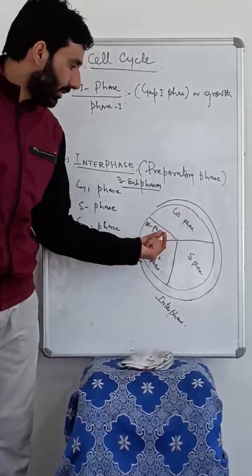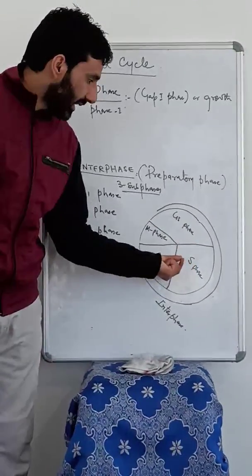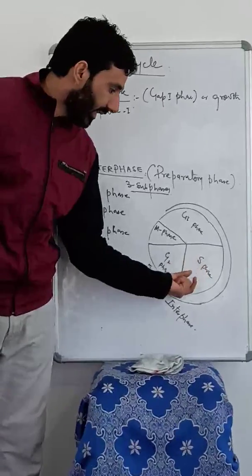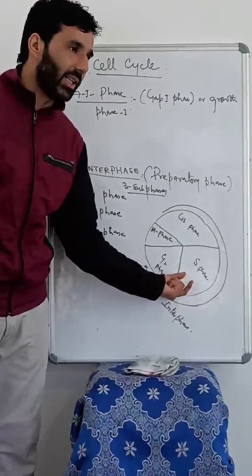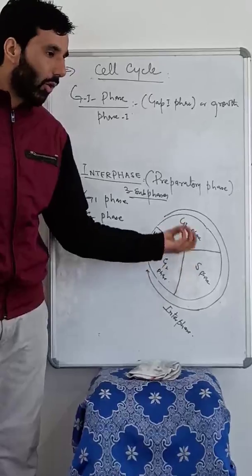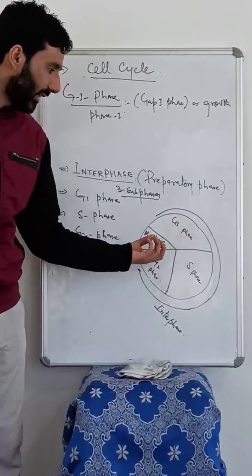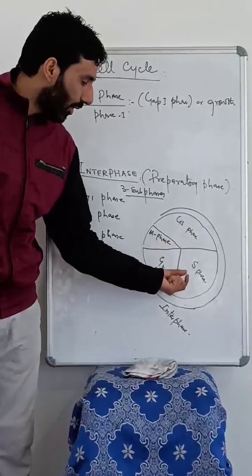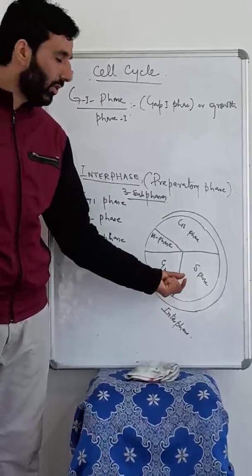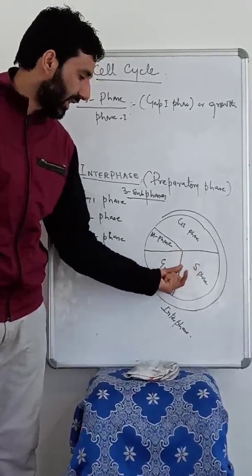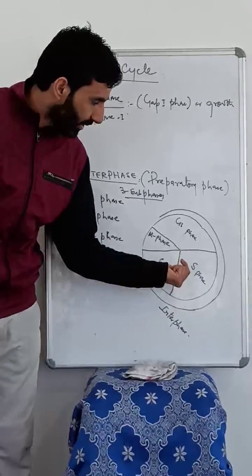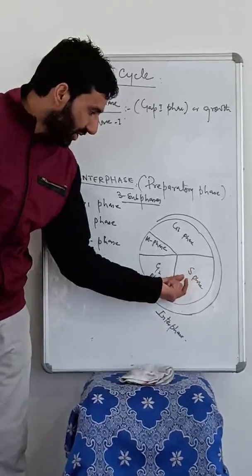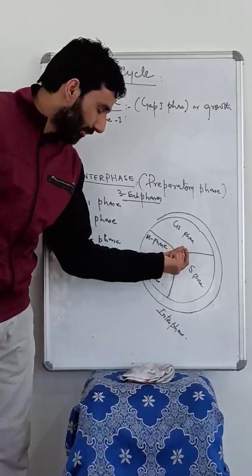To make it understandable: if a cell has to enter into S phase, before entering S phase, before replicating the DNA, it has to make all the prerequisites available which are necessary for replication of DNA. That's a major event taking place in the cell cycle, especially in the S phase. So all the preparations are to be done, and these preparations are done in the previous phase.